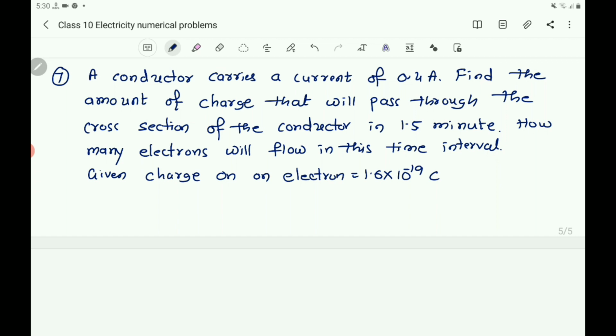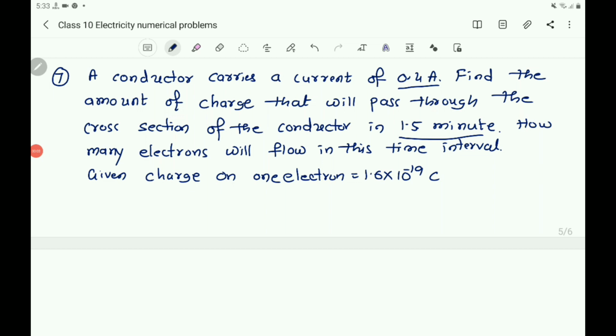Here what is given? Conductor carries a current of 0.4 amps. Find the amount of charge that will pass through the cross section of the conductor in 1.5 minute. How many electrons will flow in this time interval? Given charge on an electron, one electron is 1.6 into 10 power minus 19.